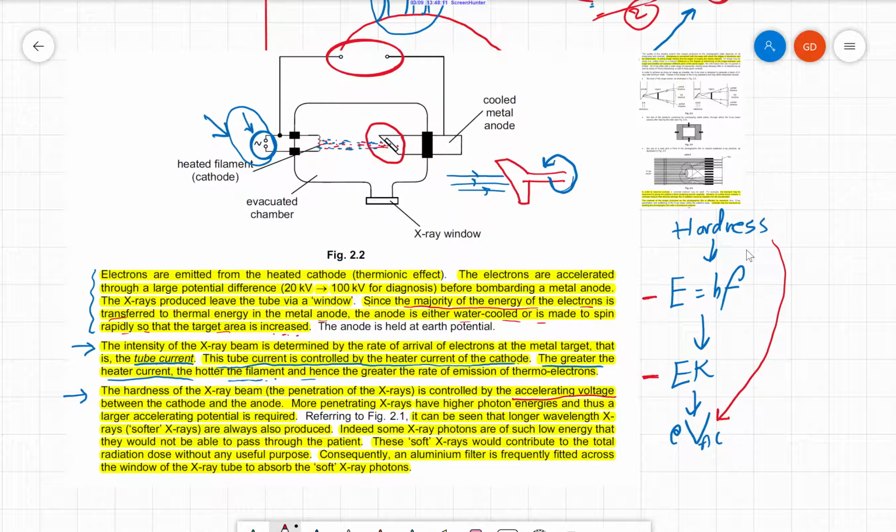This is what we call soft X-ray. That soft X-ray photon will be eliminated or absorbed by fitting what? An aluminum filter. An aluminum filter is fitted across the window of the X-ray tube in order to absorb the soft X-ray photons.